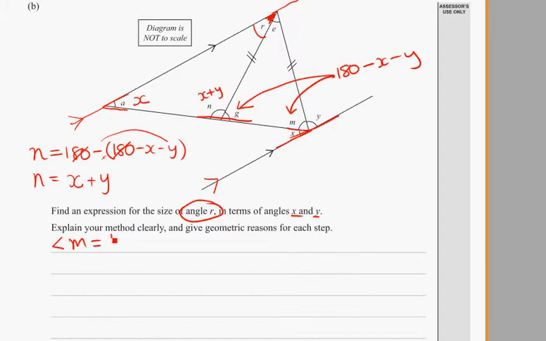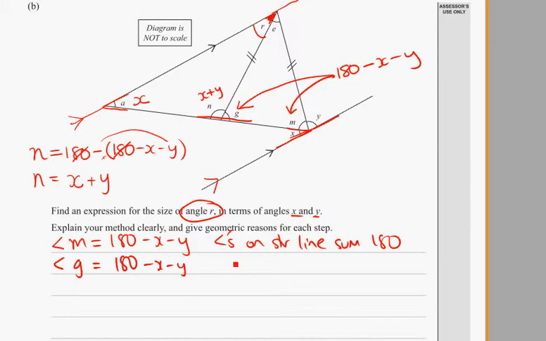We found angle M to be 180 minus x minus y from angles on a straight line, sum 180. We found angle G to be the same. That was using base angles in an isosceles triangle are equal.